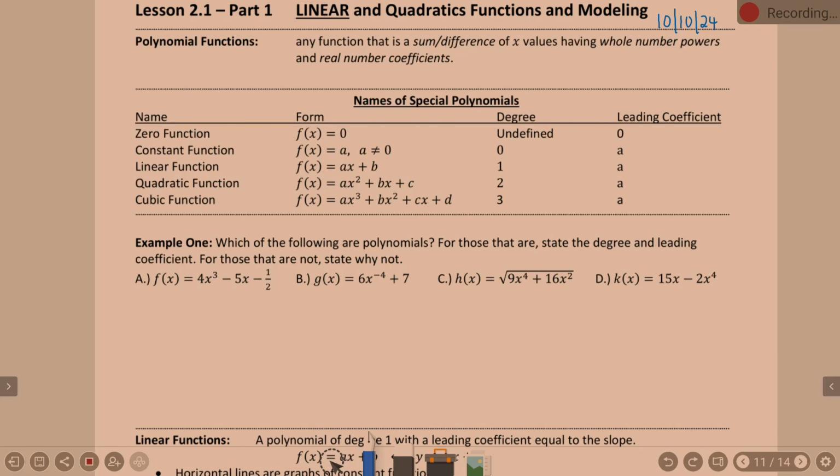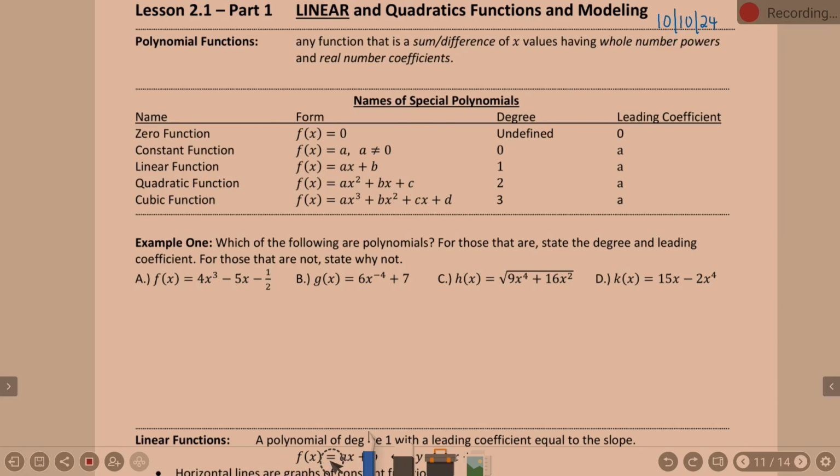You may or may not have all of these pieces of ax cubed plus bx squared plus cx plus d, but the cubic has the highest power of 3. When we talk about the powers, that tells you what the degree is. Okay, so it's degree 3. And then your leading coefficient is always the coefficient in front of the highest power, so thus the a value.